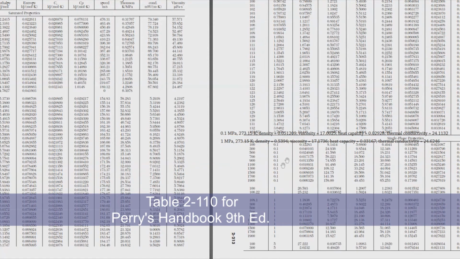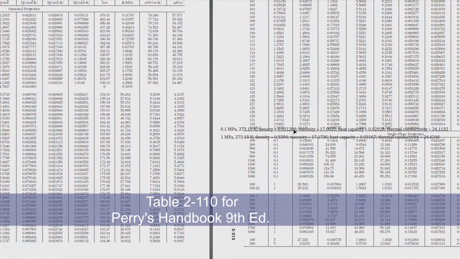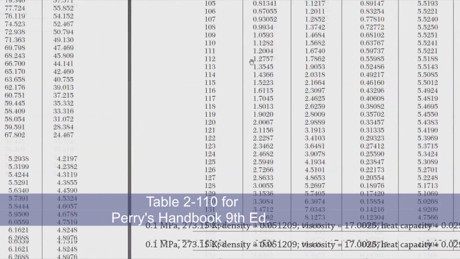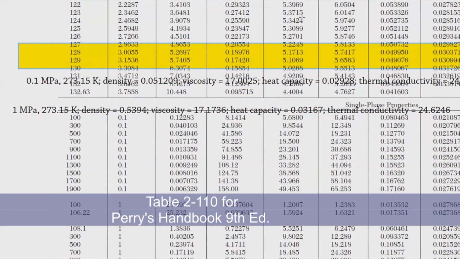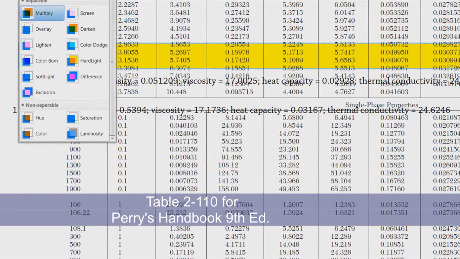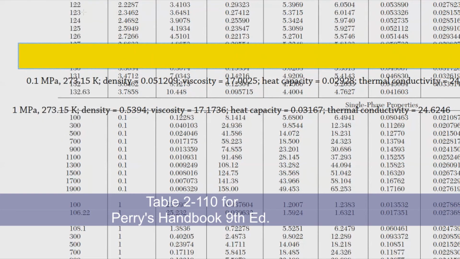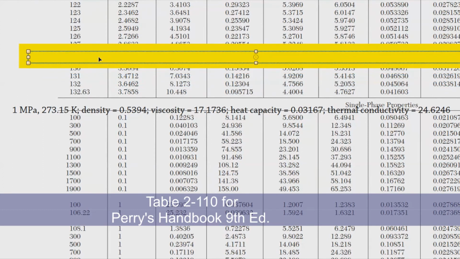So I'll be using 0.101325 instead of just 0.1. If you'll be using 0.1, then these are just the values. Let me place it right here so that you can see it.